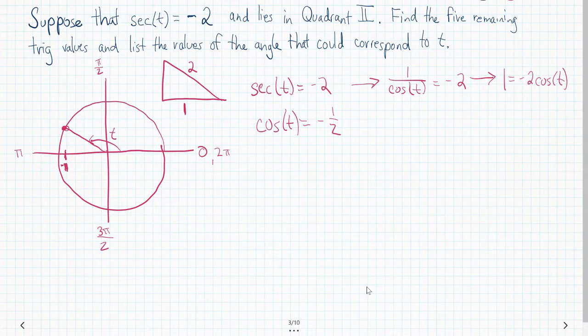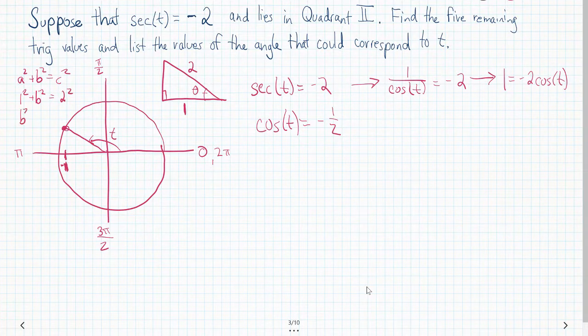So now we need that y value. What's the corresponding y? To figure this out, we use the Pythagorean theorem. Oh, and by the way, we have theta right there. Pythagorean theorem says a squared plus b squared equals c squared, right? So our a is 1, so you get 1 squared plus b squared equals 2 squared.